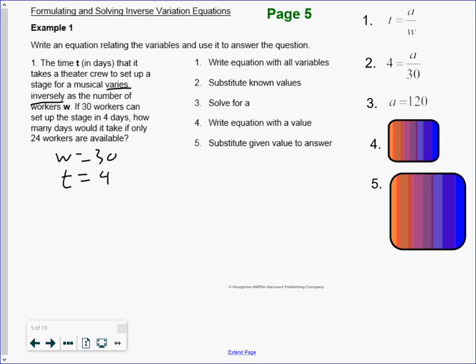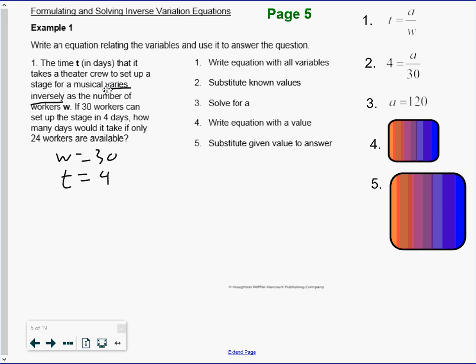When t is 4, w equals 30. So I can plug in t equals 4 and w equals 30 into that t equals a over w that we have in 1. I can plug it in to get 2, and when I solve for a, I get 120. Now if I go back to the problem and read the rest of it, it's telling me how many days would it take if only 24 workers are available.